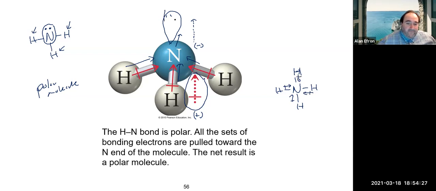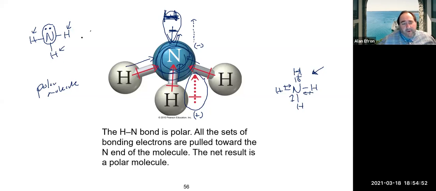So if you converted this into ammonium, this guy would be pushing back down on this guy. Now we've got all 4 symmetrically spaced out, pushing in on the nitrogen, and the nitrogen pretty much won't go anywhere. That's why something like ammonium, NH4 plus, based on geometry, would be nonpolar.